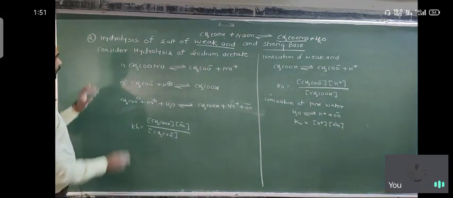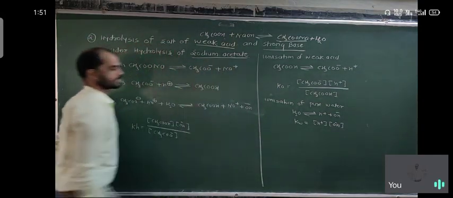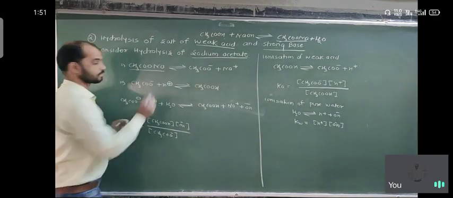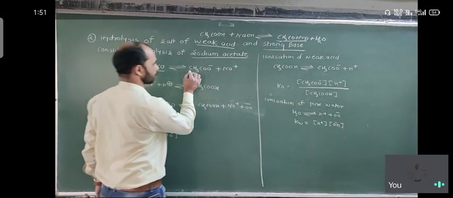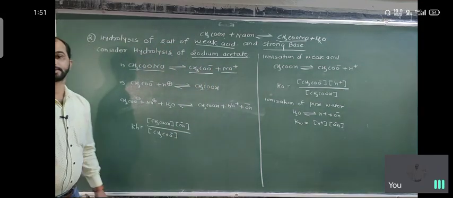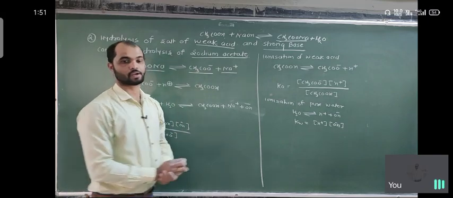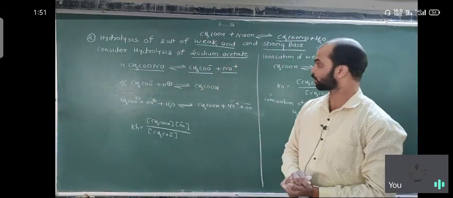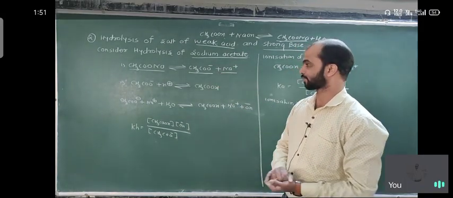Okay, let us consider the hydrolysis of sodium acetate. You know, sodium acetate itself is ionized in aqueous condition as an acetate anion and a sodium cation. When sodium acetate undergoes complete ionization, it forms these two ions.